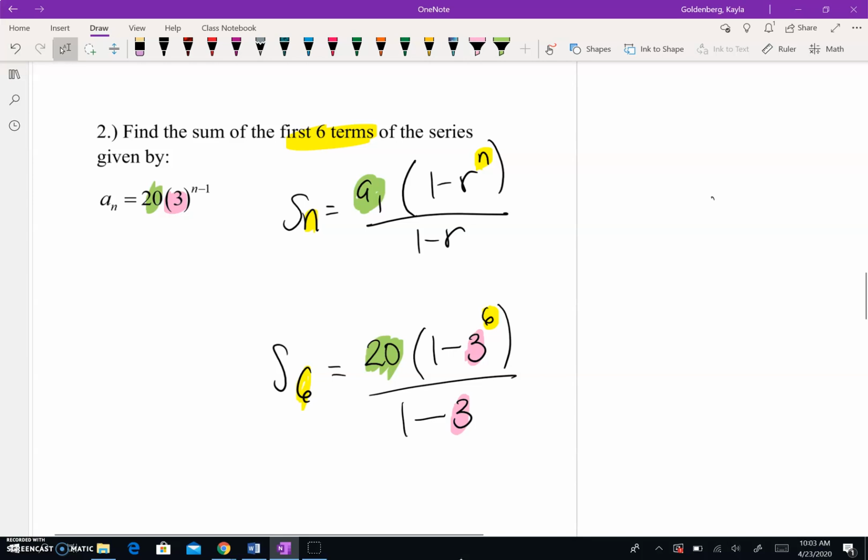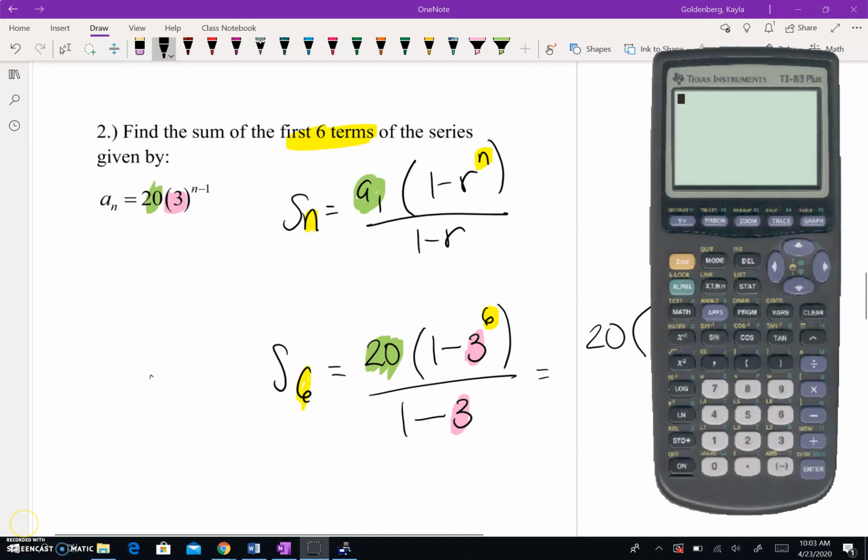So I've plugged them all in. Now, this is the part where you have to be a little bit careful with your order of operations. Okay, so 20 times, and I'm going to pause and pull up my calculator. I'm just going to show you what I would normally do when I'm typing it in. I would normally start inside the parentheses. I would do 3 to the power of 6, and then I want to do 1 minus that number.